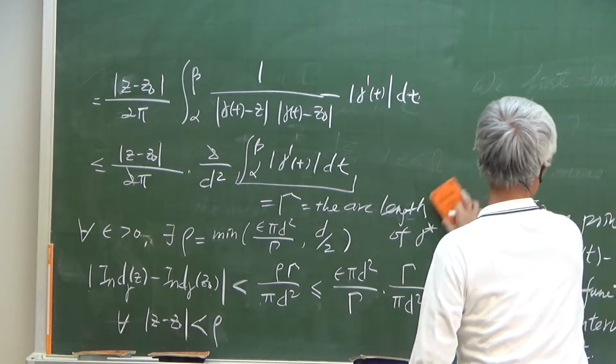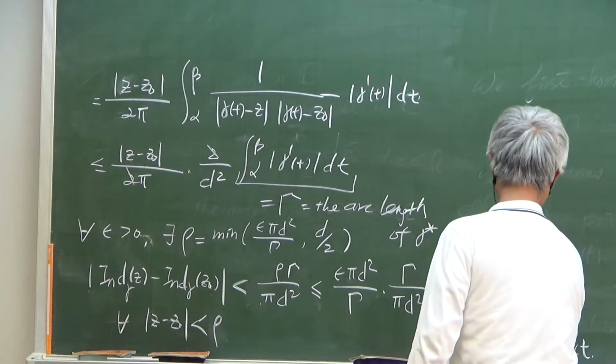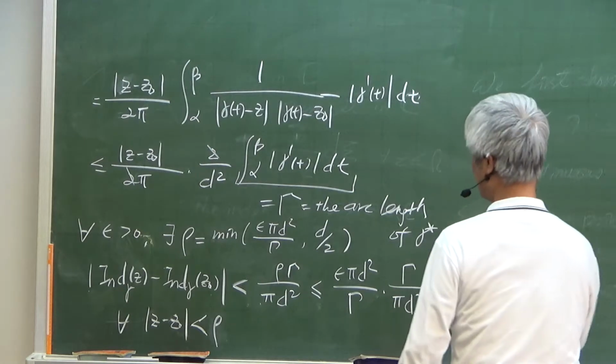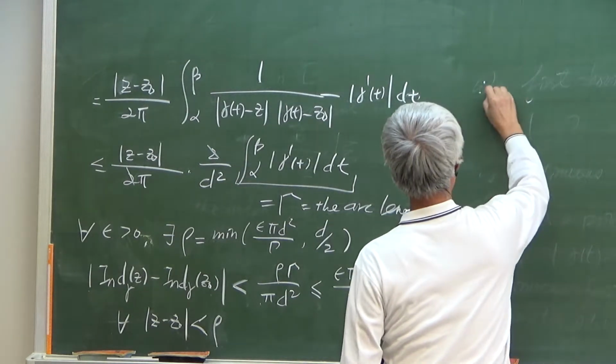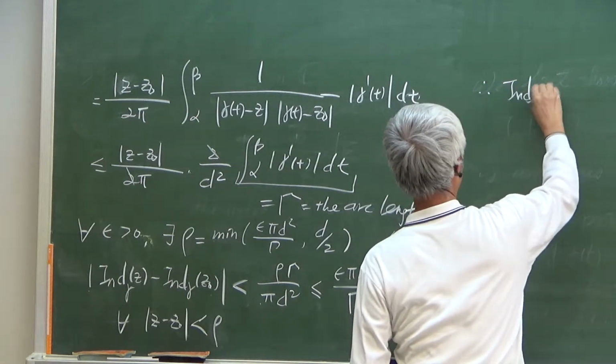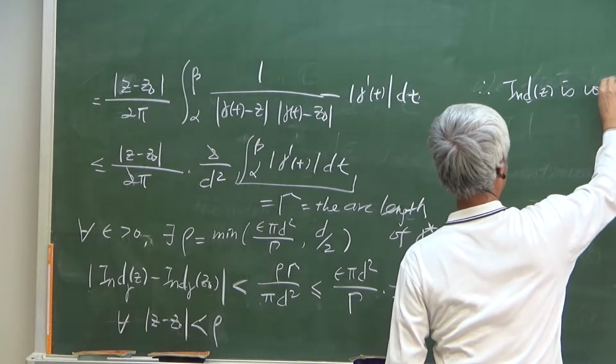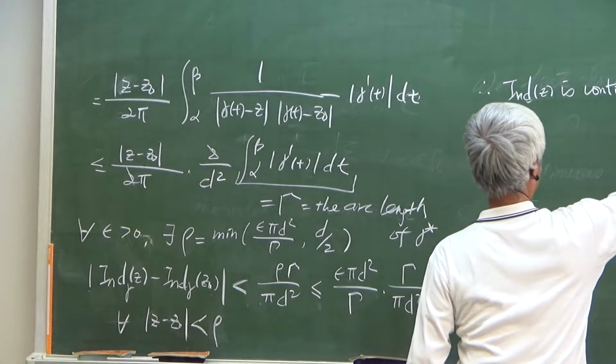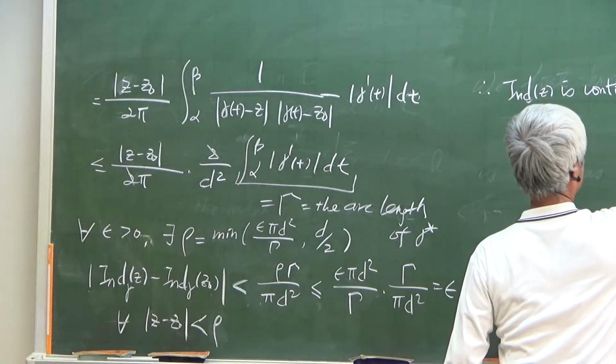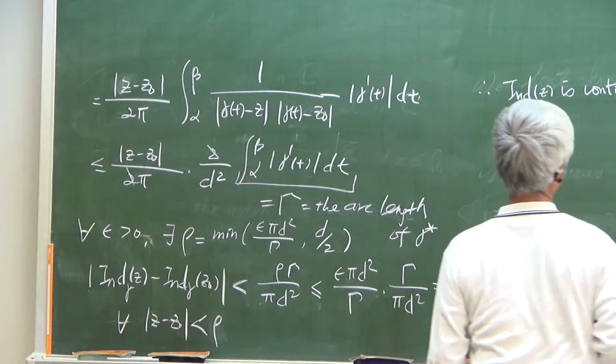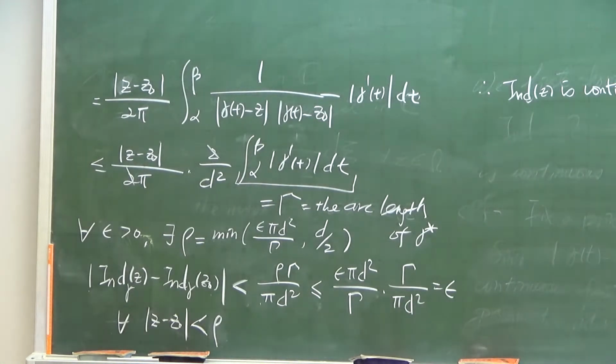So actually by the epsilon-delta definition of continuity, we know the index of z is continuous at z0, right? And z0 is any point, right? We say any point.